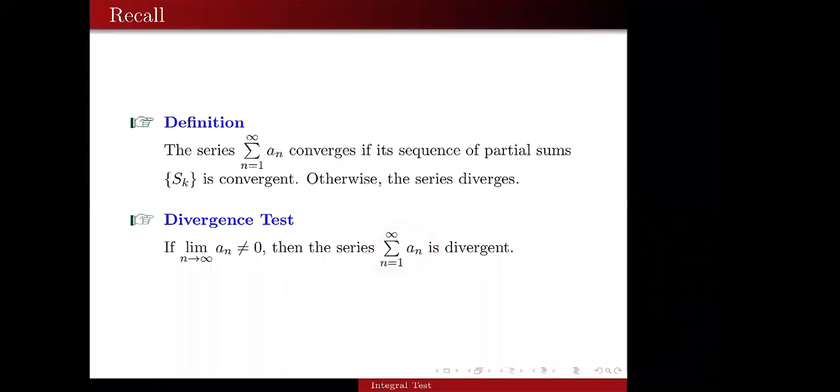And then recall the remark I gave. If the limit of the terms as n approaches infinity is equal to 0, then we cannot conclude anything. The series may converge or may diverge. So you have to use other ways to determine whether the series is convergent or divergent.